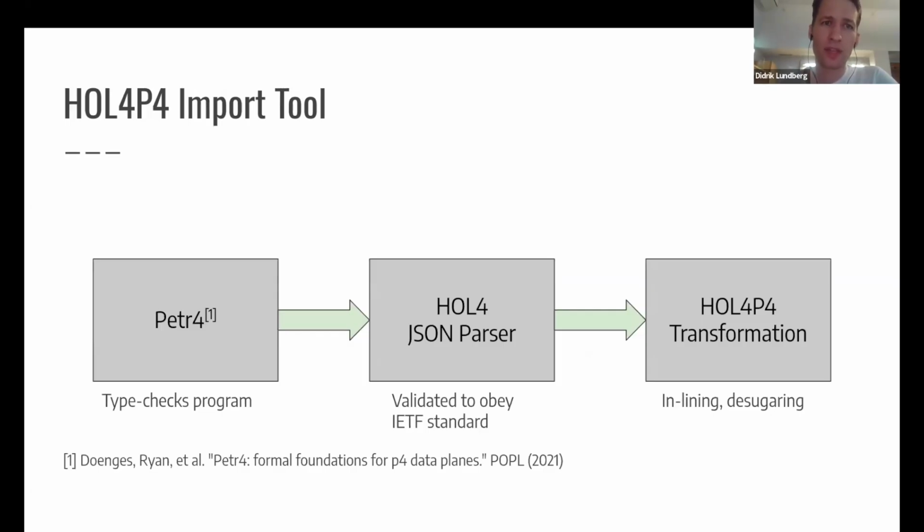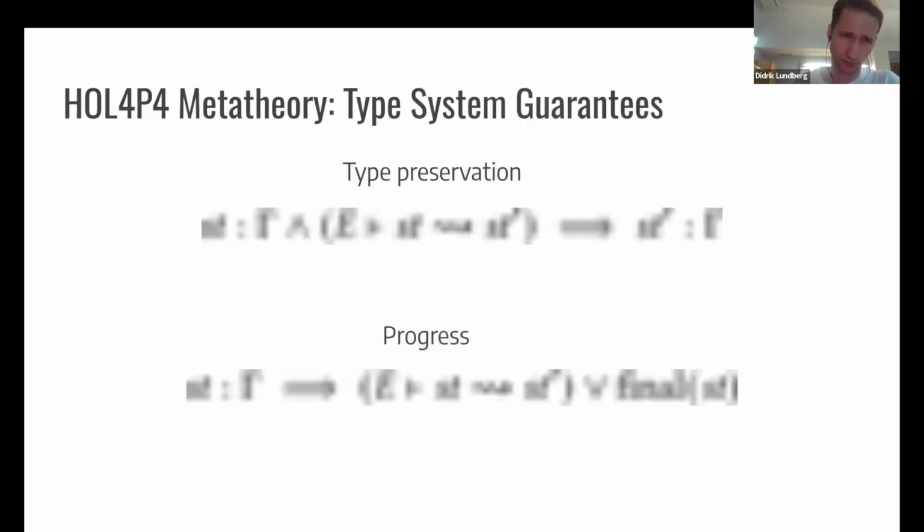It uses an external part of Petra to type check the P4 program, but it's really the parsing of the P4 program that we're interested in, and the export to JSON format, which is then parsed to a HOL4 term by our HOL4 JSON parser, and finally transformed to the HOL4P4 format by the last stage of this import tool, which also does quite a bit of inlining and desugaring to represent P4 programs in this concise HOL4P4 syntax.